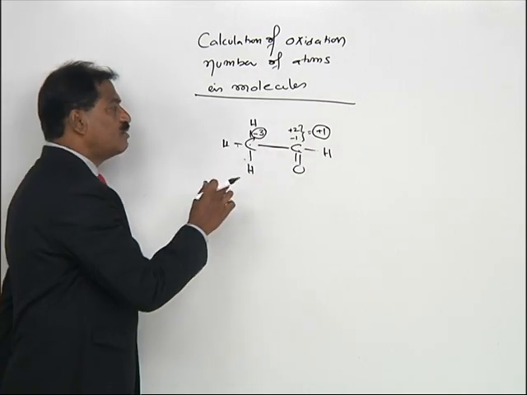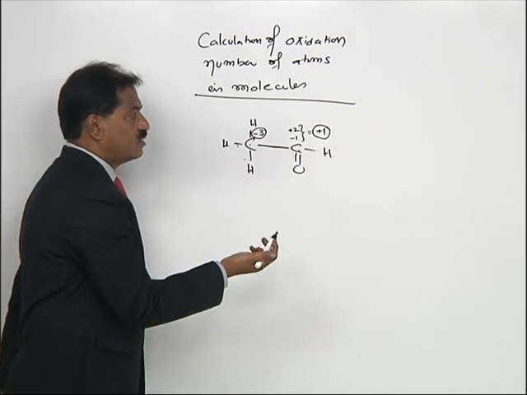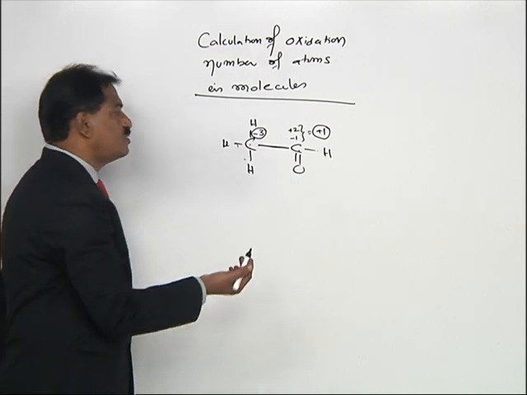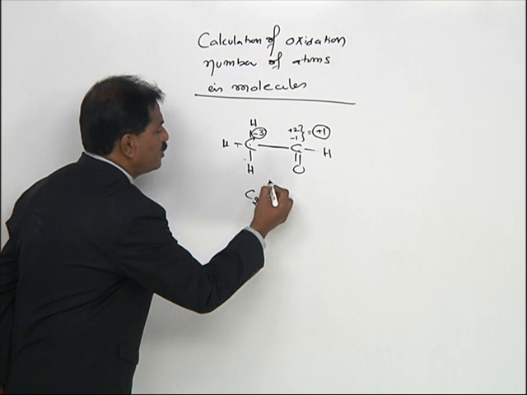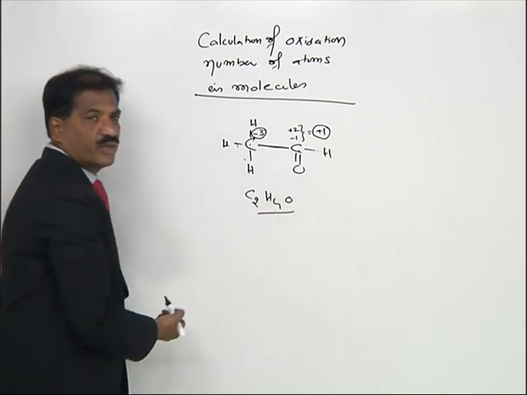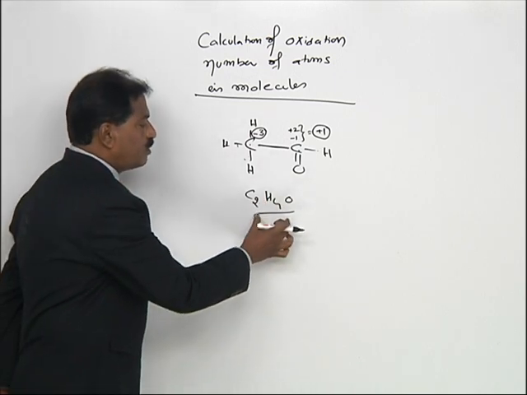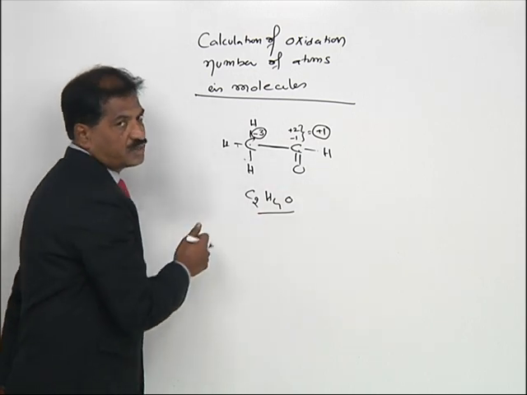But sometimes they will ask the average oxidation state. For calculation of the average oxidation state, directly you can apply the empirical formula like this, C2H4O. By applying this molecular formula, directly you can calculate the oxidation state.